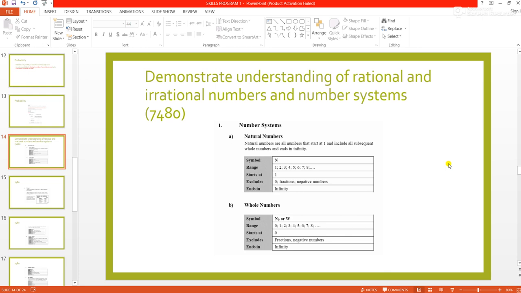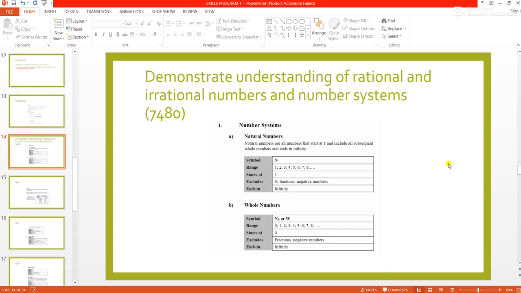So any number that starts from 1 and goes to infinity is a natural number. As you can check the range, these are from 1 up until infinity. So those are just natural numbers. It excludes zero, fractions, or negative numbers. So these are just the functionalities that you need to know that are based within the natural numbers.